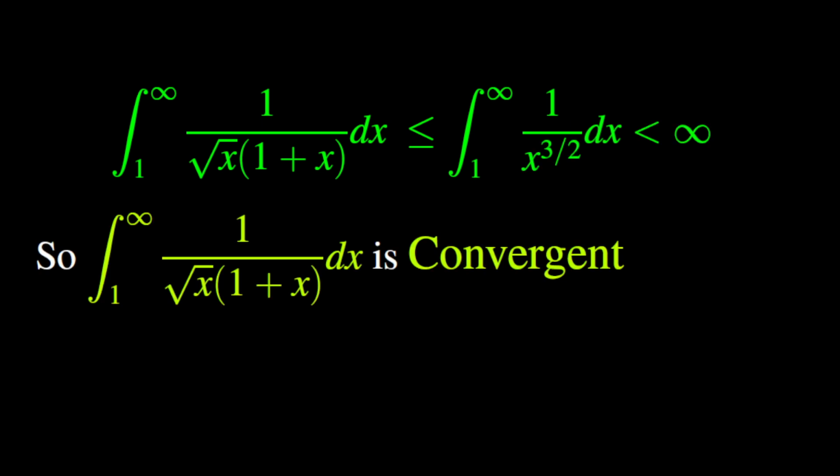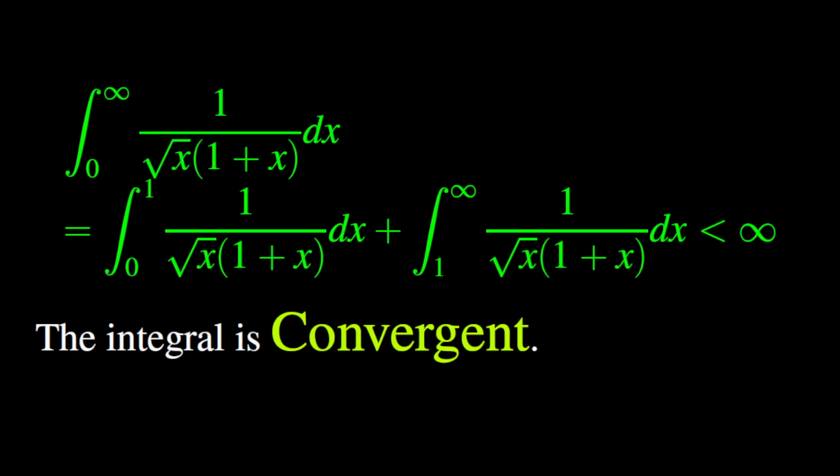So this integral from 1 to infinity of 1 over square root of x times 1 plus x dx is convergent. In sum, the integral from 0 to infinity of 1 over square root of x times 1 plus x is convergent because it is the sum of two convergent integrals. Now given this integral is convergent, we have to compute its value.